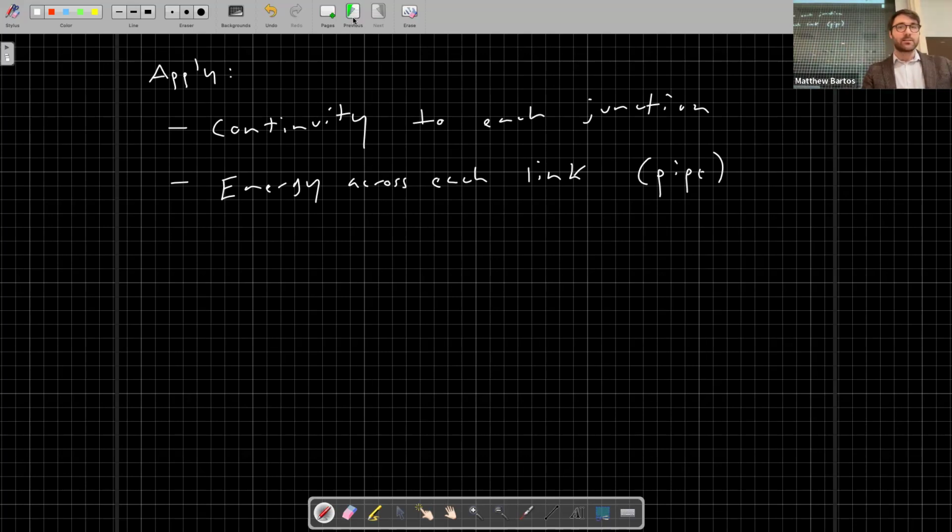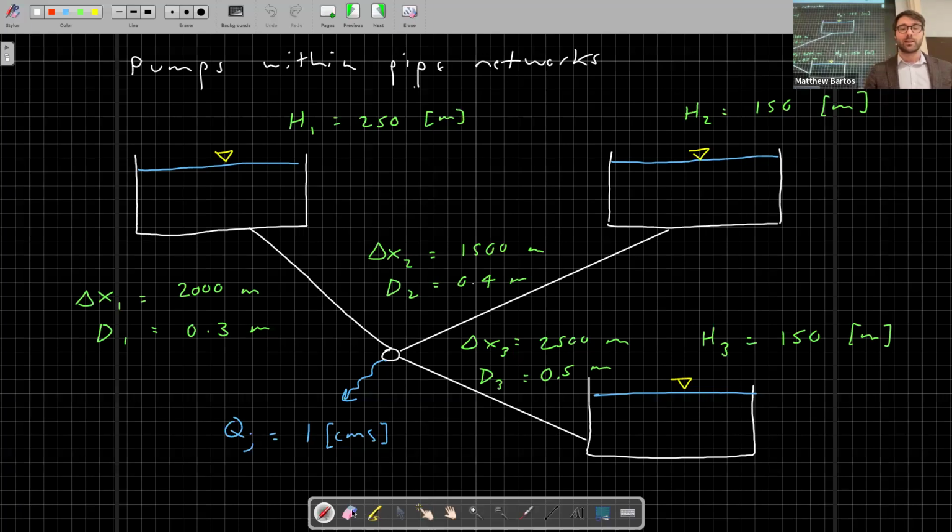All right, so now let's say that we have a pump that is added to this system. So we're going to add a pump right here on link 3. And we're going to be pumping water from the 3rd reservoir to the central junction. So let's just specify some nominal flow directions here.